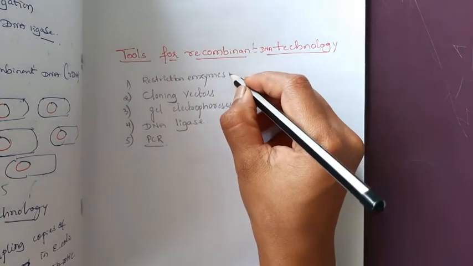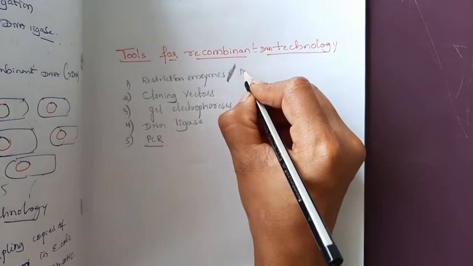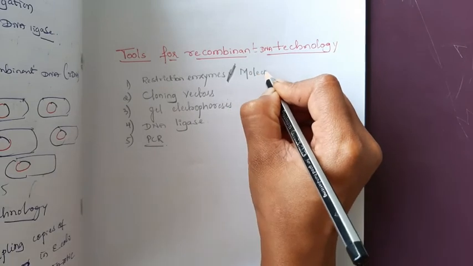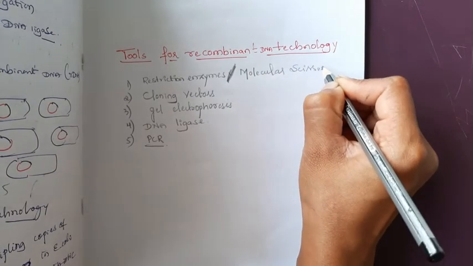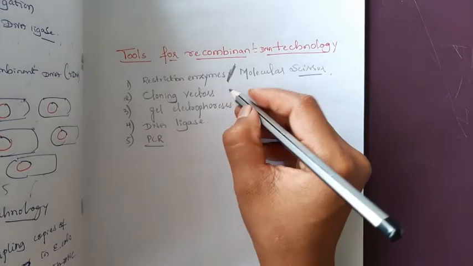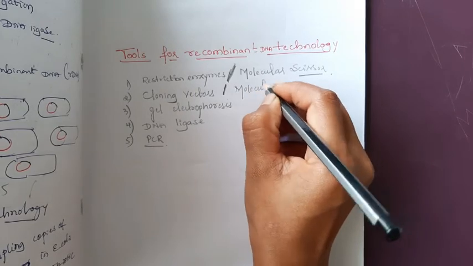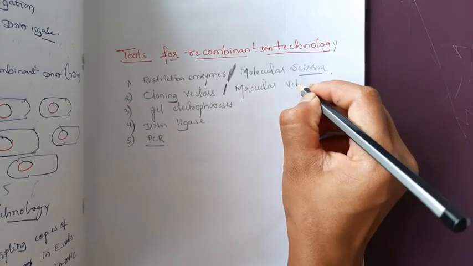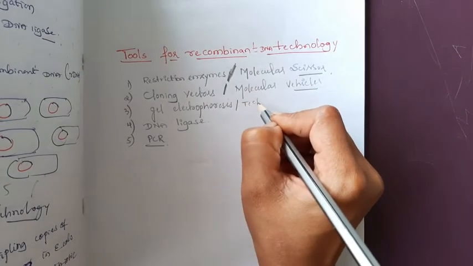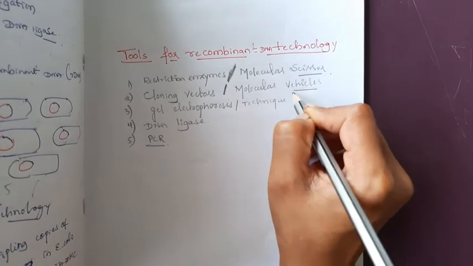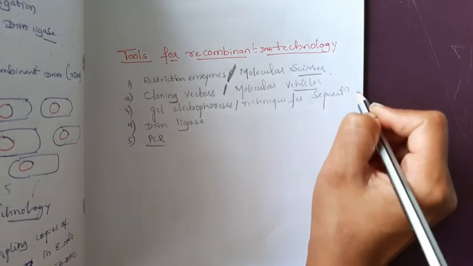First one, restriction enzymes. Another name for restriction enzymes is molecular scissors. Cloning vectors are nothing but molecular vehicles. Gel electrophoresis is a technique for separation of DNA fragments.